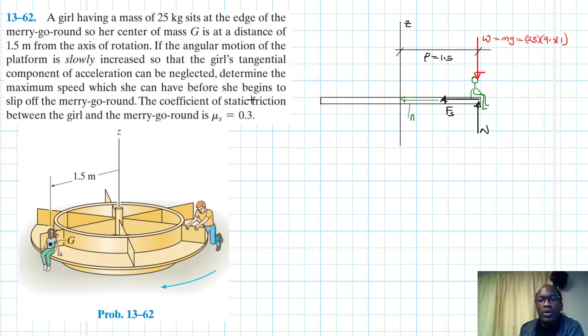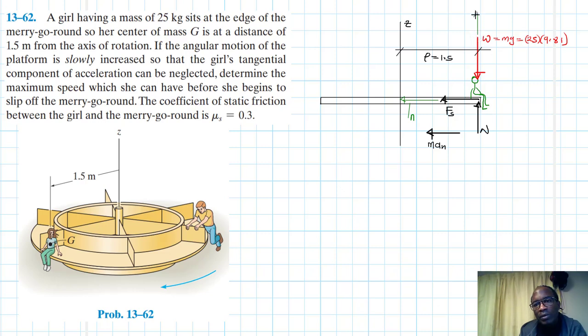Alright, so with this information we can write down our equations of motion, and then let's say our kinetic diagram. This is in this direction, and this is our m a_n. So let's start with the b axis, the binormal axis, and we don't expect any movement in that direction.